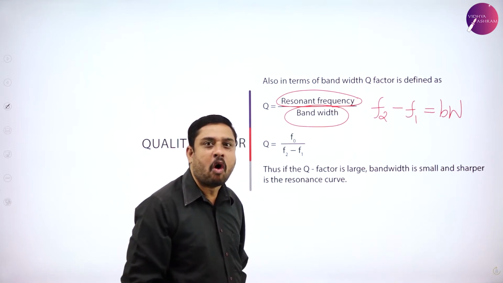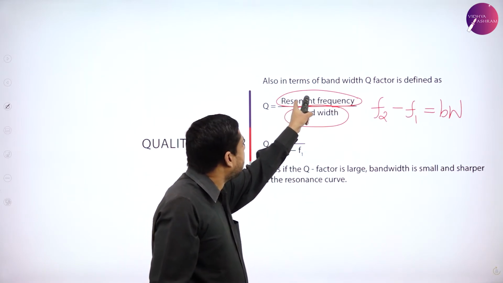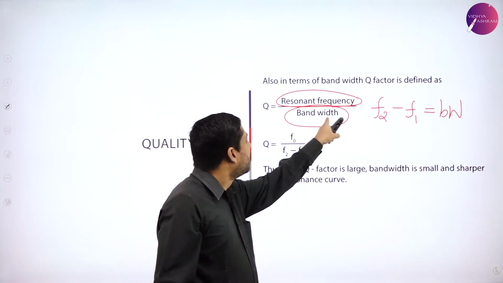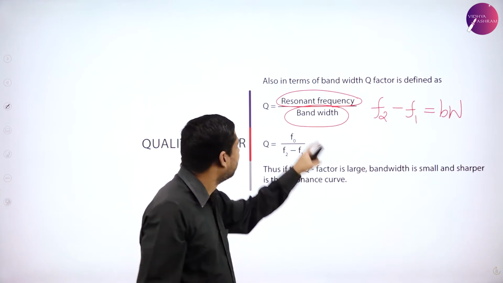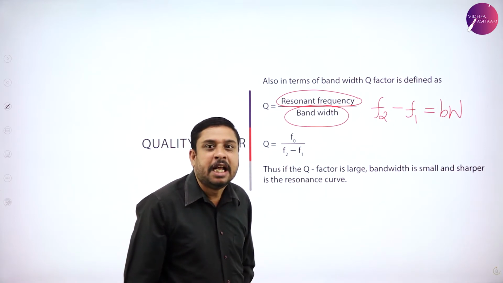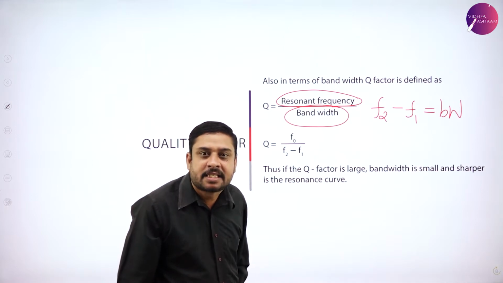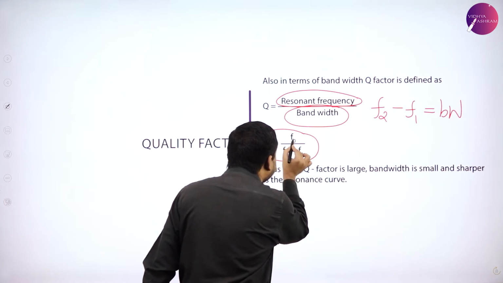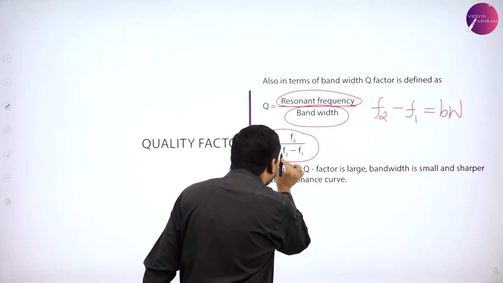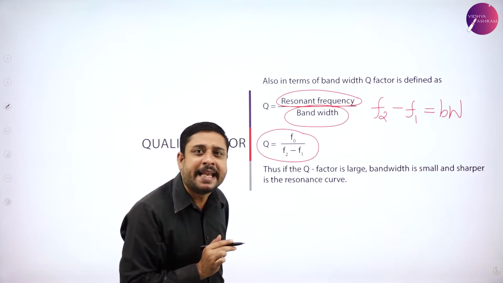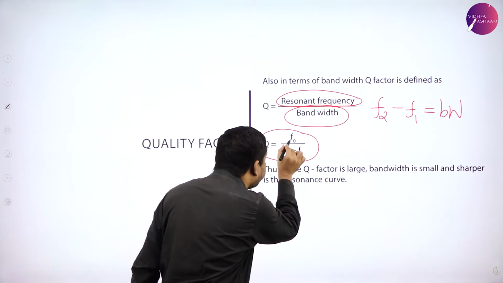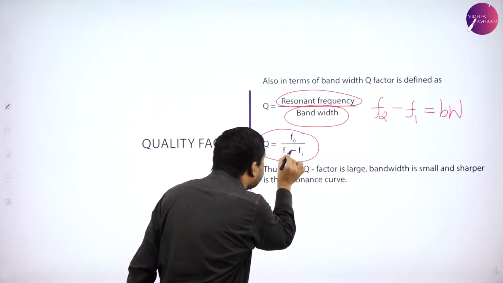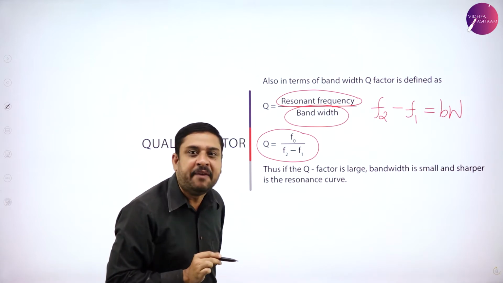So the ratio of the resonant frequency to the bandwidth is what is called the quality factor, or Q equals F0 divided by F2 minus F1. Resonant frequency is F0, and F2 minus F1 is the bandwidth.